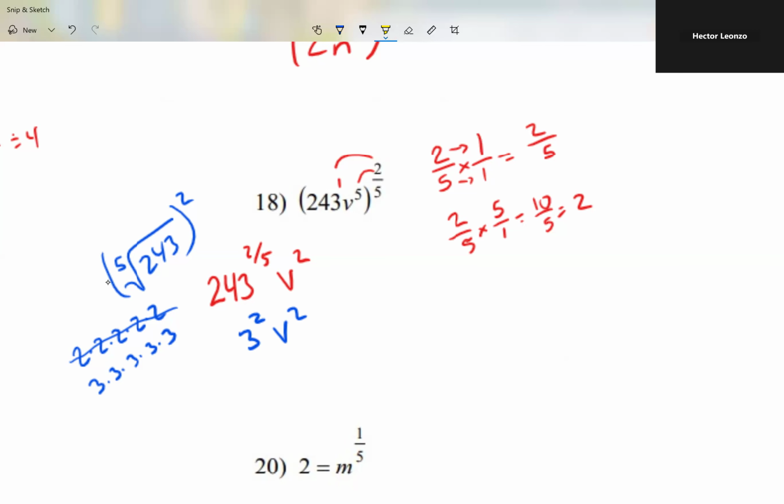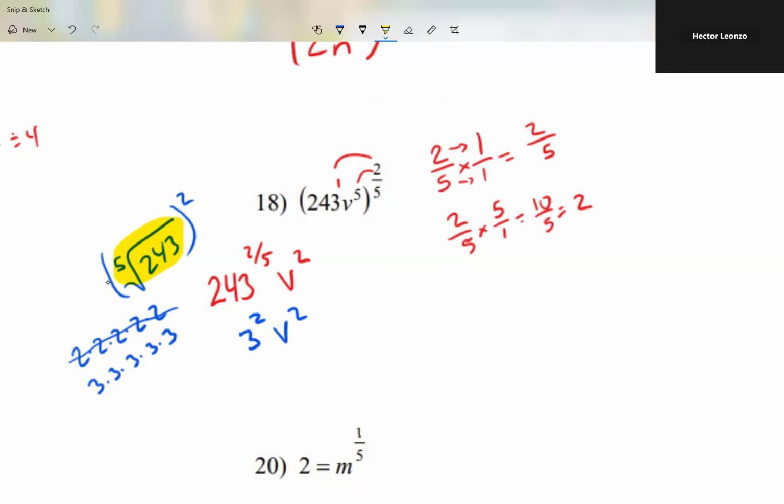Notice how I call this the fifth root of 243. I called it 3 because I was looking at what number multiplied by itself 5 times gave me 243. And it happened to be 3.